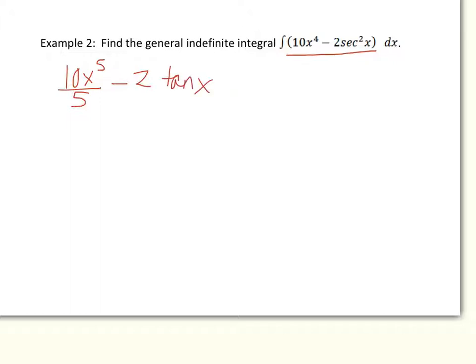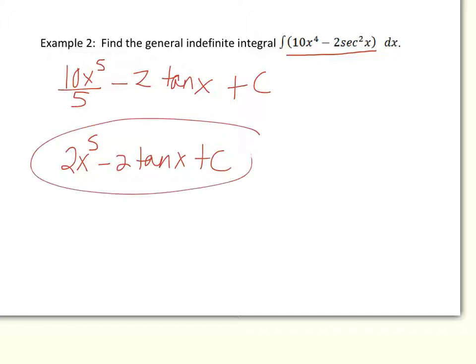So I know its antiderivative is tangent, and because this is an indefinite integral and there's no a or b, we're going to put a plus c. So really, it's 2x to the 5th minus 2 tangent x plus c. And it's done. That's it.